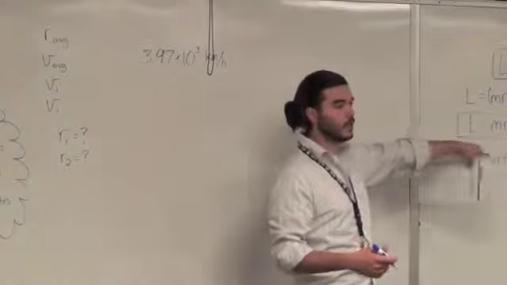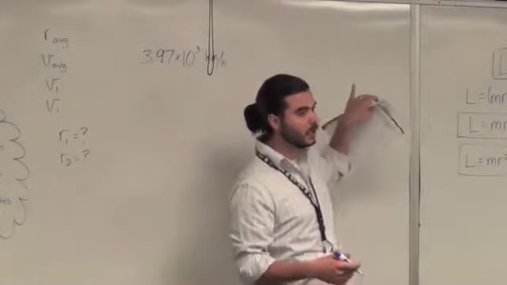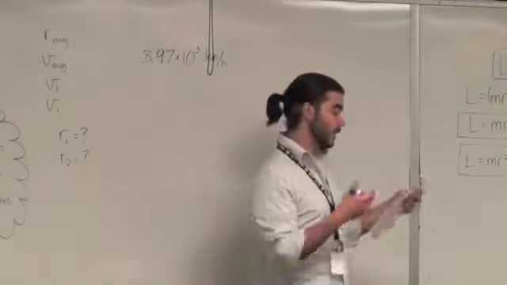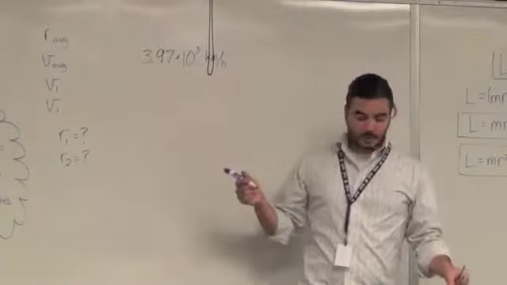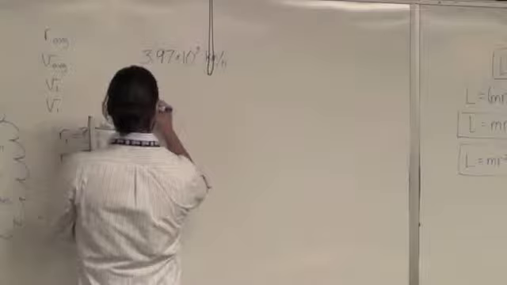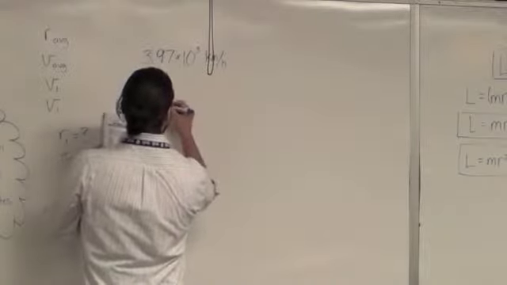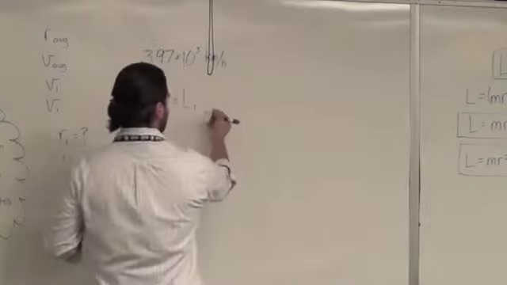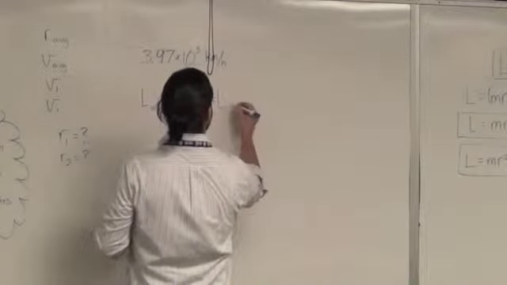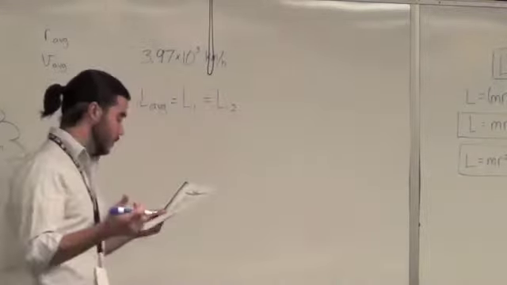You know that the angular momentum in 1912 has to be equal to the angular momentum in 1984, and the average as well. Your average angular momentum is going to be the same as the angular momentum in 1912 and in 1984.